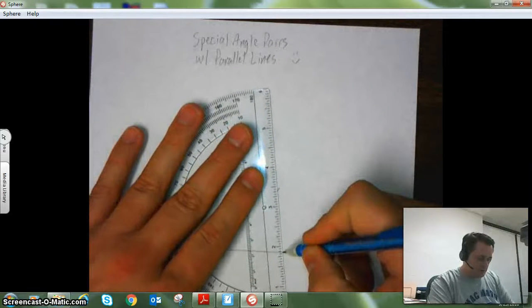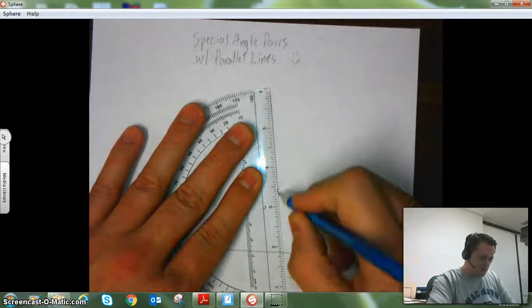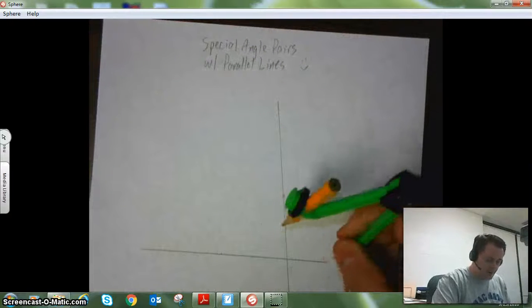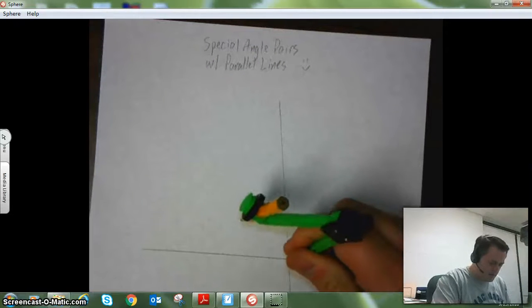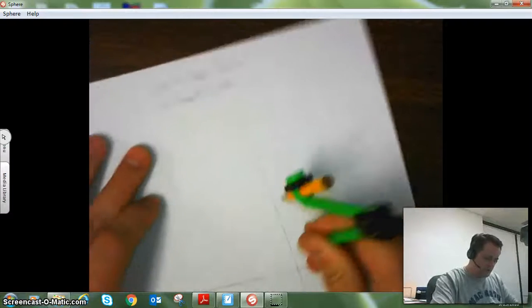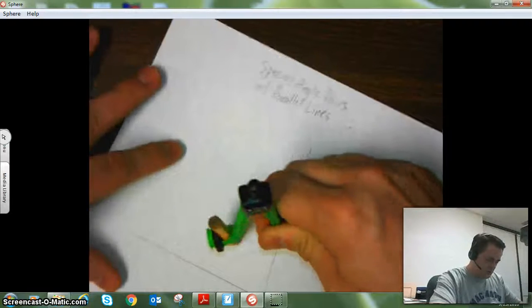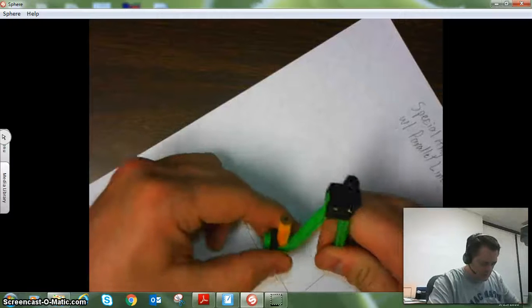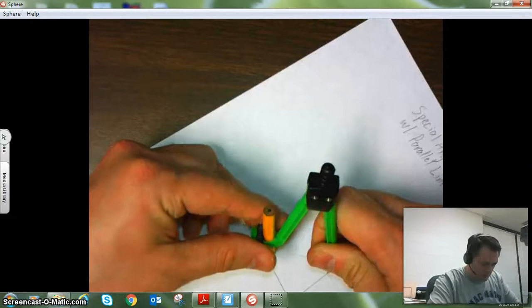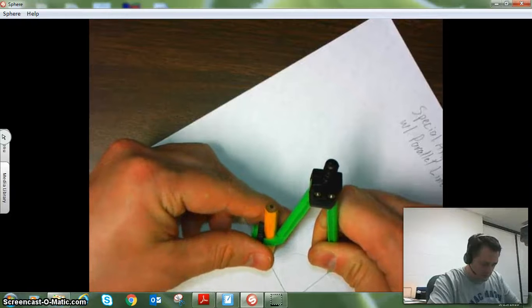We can also use that as our transversal line now. So what I'm going to do is copy a set of parallel lines.